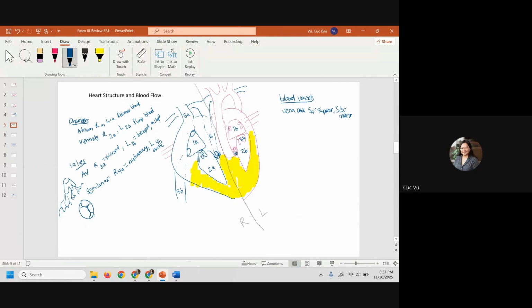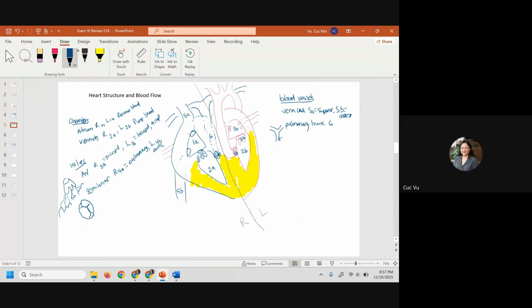Anything going to the lungs is pulmonary. Now, if you look at this right here, let me draw it over here. It looks like this. It kind of looks like a tree, right? Because this is the trunk of the tree, because it's going to split, it's the pulmonary trunk. Okay, so number 6 is the pulmonary trunk, because it looks like the trunk of a tree.